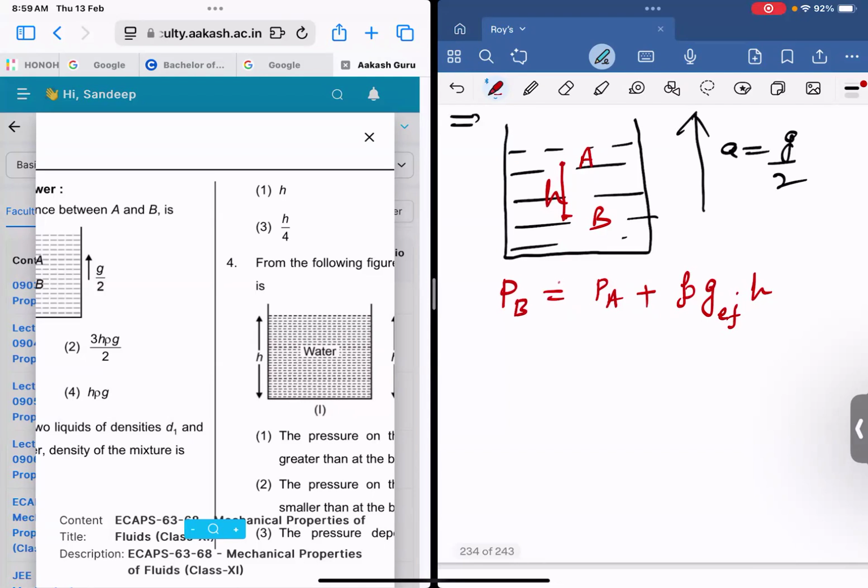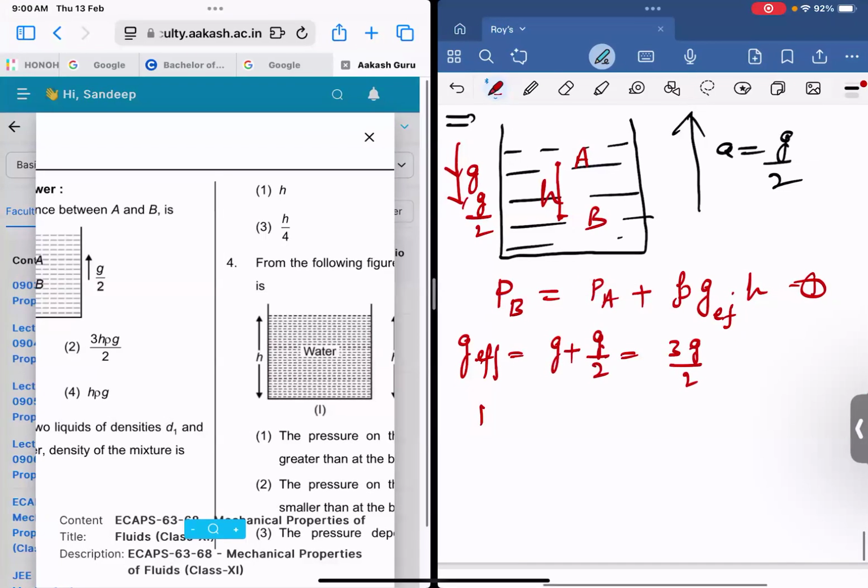The normal acceleration downward is g only, but the pseudo acceleration g by 2 will also act downward. So the total acceleration downward, that is g effective, will be g plus g by 2, that is 3g by 2.